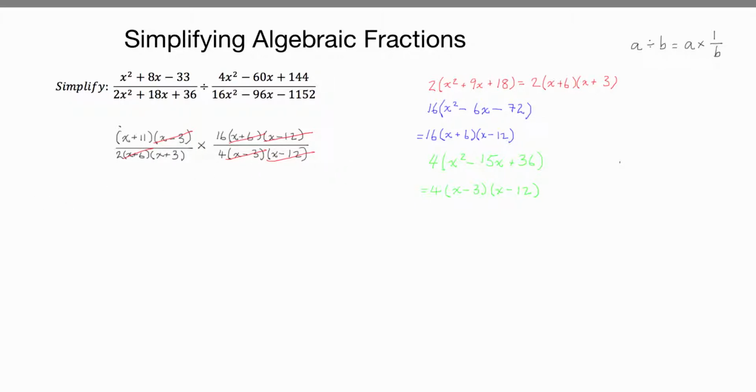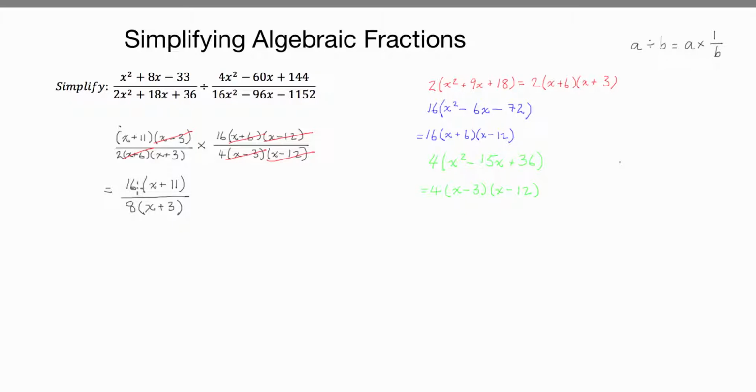So after cancelling all those terms out, we can do the multiplication. We've got 16 times x plus 11 divided by 2 times 4, which is 8, over x plus 3. Great. Now we can do another simplification.